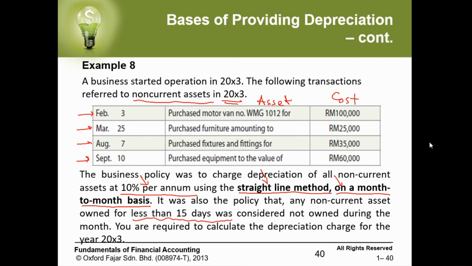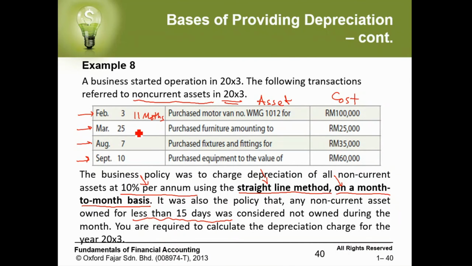We bought the first asset on February 3rd. Can you calculate how many months we own that asset? That's correct. We are holding that asset for 11 months, because February will be counted as one of the months since we hold it from the 3rd of February.